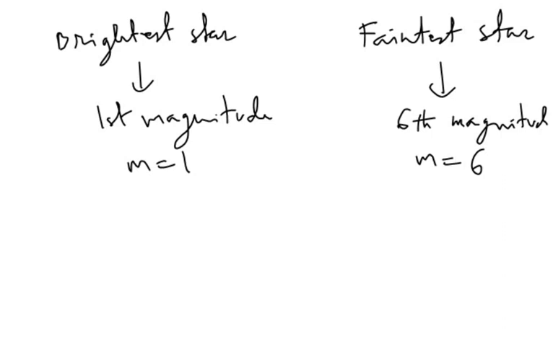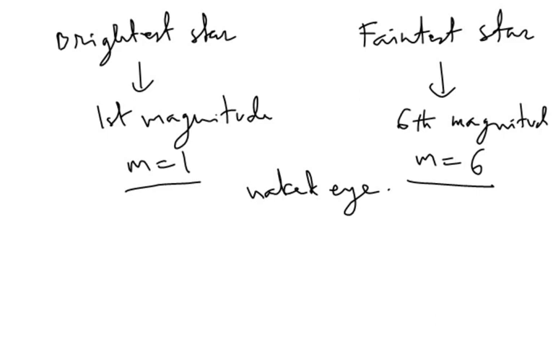Okay, now we have to remember that for this magnitude scale, m is equal to 1 to m is equal to 6, what instrument are we using? We are just using our naked eye. Now, this magnitude scale of course is non-linear, because why? We are using our eye.